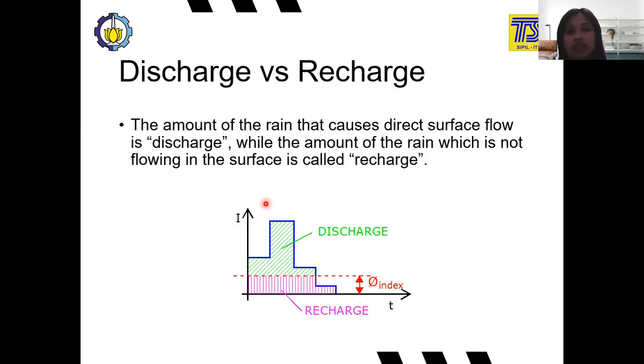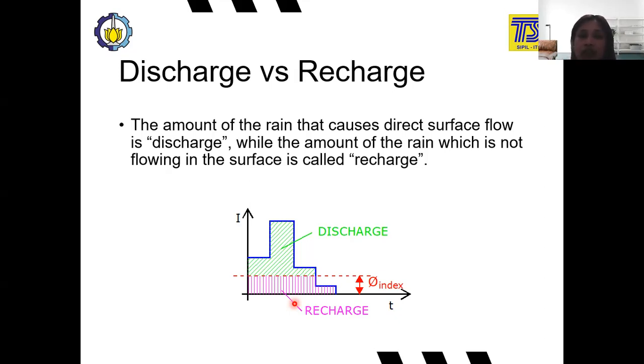It depends. And then for the recharge, we will get additional groundwater content, because the recharge is the amount of the water that infiltrates into the soil, which becomes the soil moisture or moisture content, or can also add to our groundwater level.